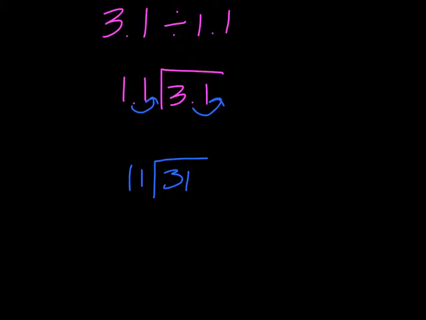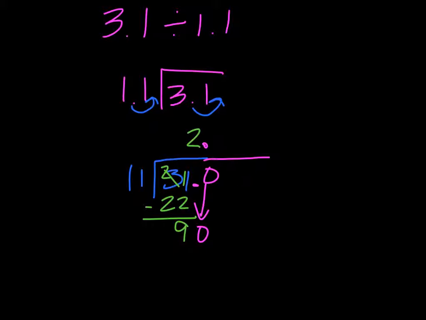Now we say 11 goes into 31 two whole times. 2 times 11 is 22. And then we subtract. And we get 9. Now we can add a decimal place, add a 0, and bring it down. 11 goes into 90, 8 whole times. 8 times 11 is 88, and then we subtract. 90 minus 88 is 2.